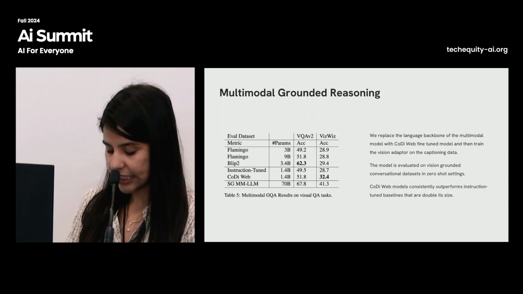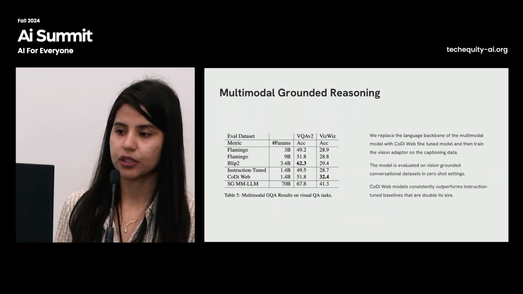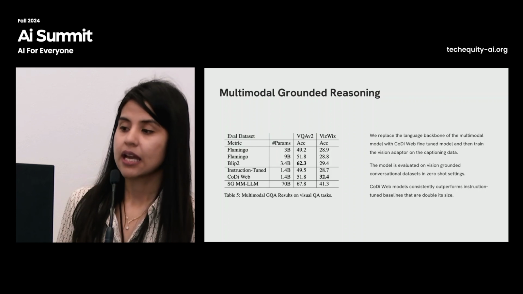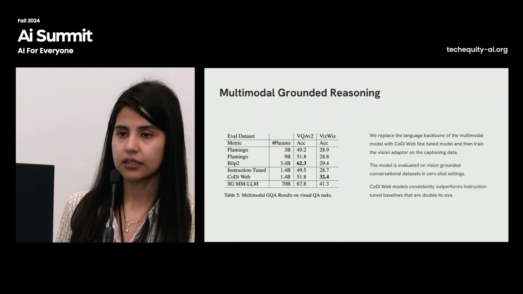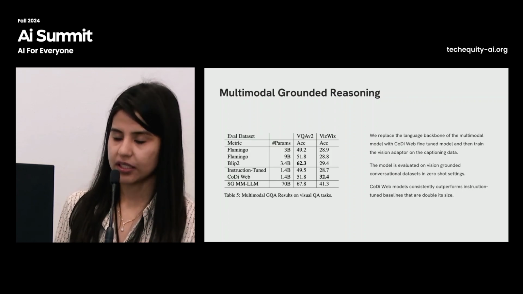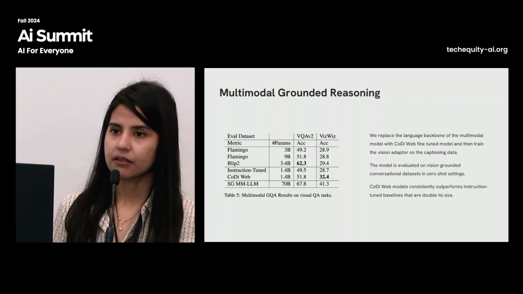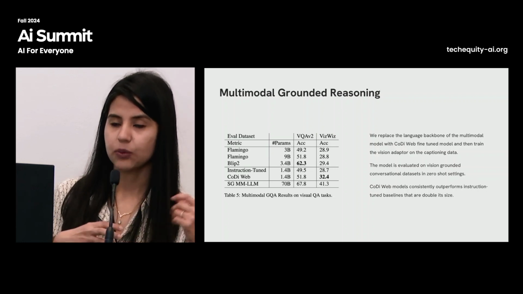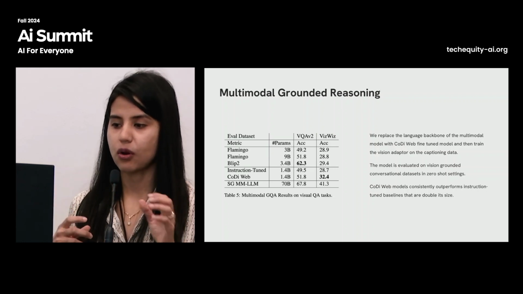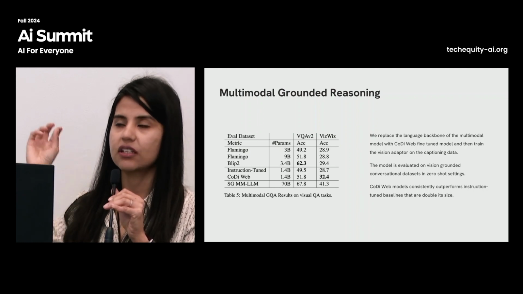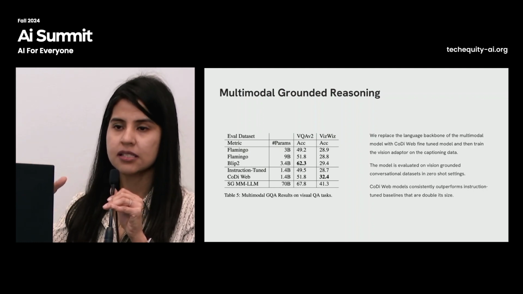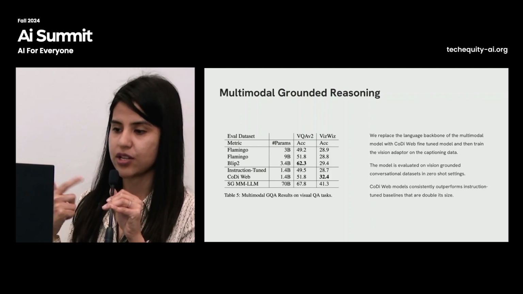Finally, we also expanded our framework to multimodal models. Here we replaced the language backbone of the model with the one fine-tuned on the CoDi data set. And then we did the alignment with the vision model. We did not change the vision model. And the task, again, is grounded reasoning. Given an image, there are question answers based on that image, and the model is supposed to answer those questions.